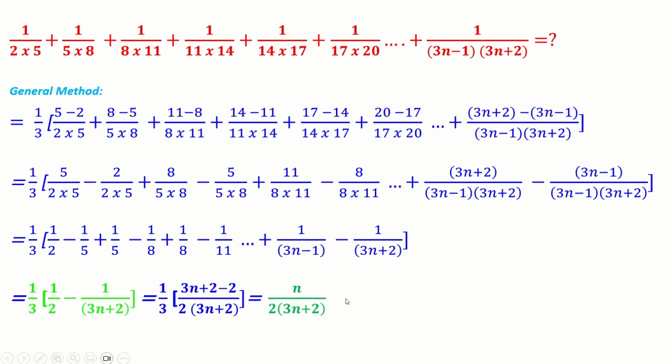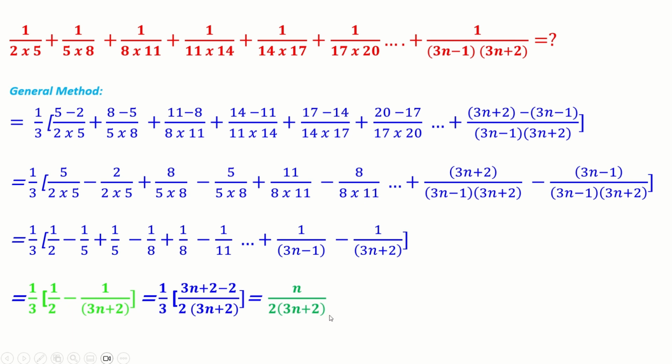Otherwise, the second is n by 2 into 3n plus 2. Here n is the number of terms. If you count the number of terms, there are n terms actually. So it is number of terms by 2 into 3n plus 2.